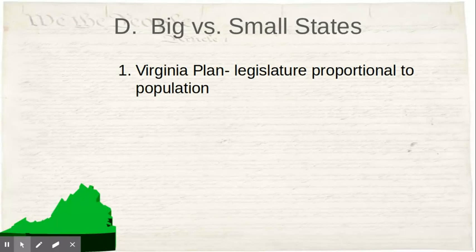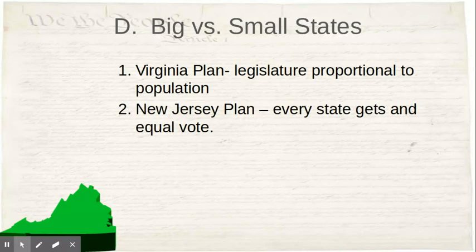And of course, they had the most people, so they were going to end up getting the most representatives. New Jersey, though, had fewer people. And so they thought every state should continue just to get one vote.